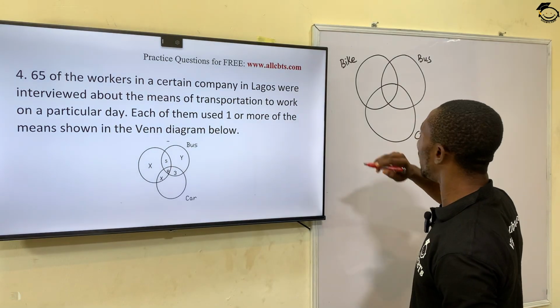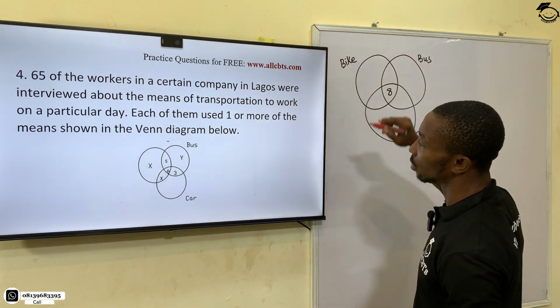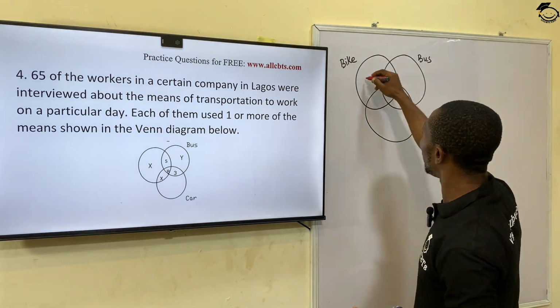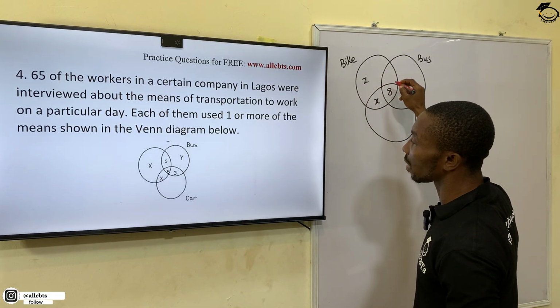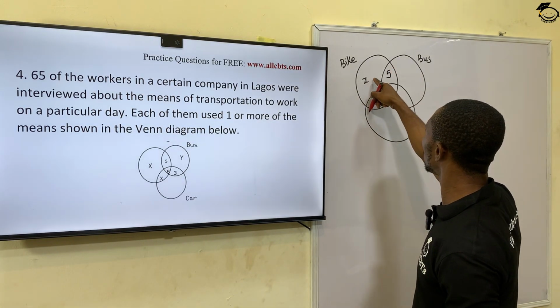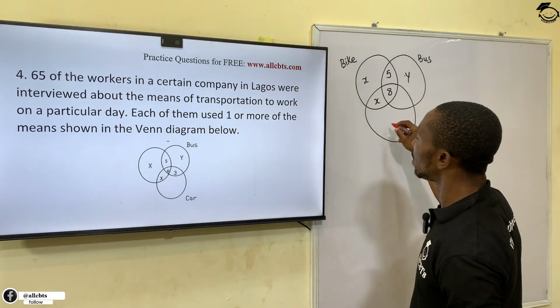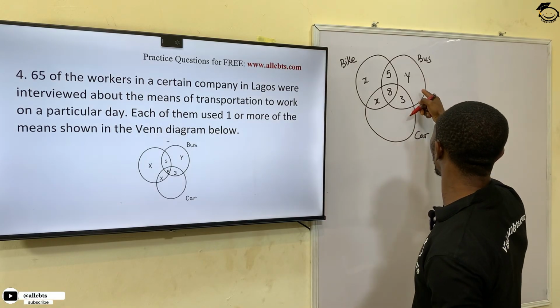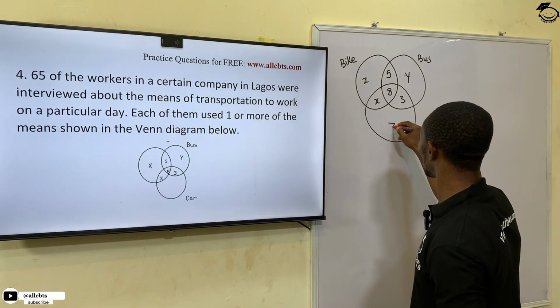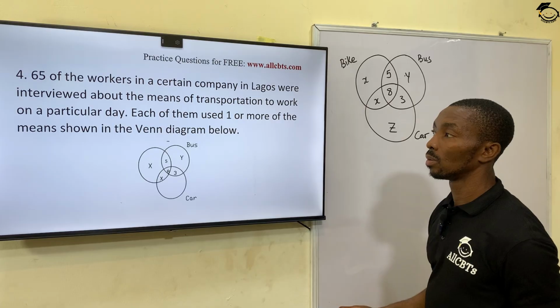Out of them, 8 people used the 3 means. Then we have this as X. 5 people used bike or buses, and we have Y. We have 3 people using car and bus, so we have this as Z.